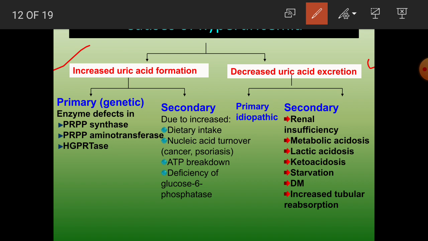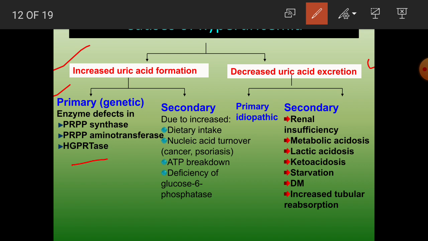Increased uric acid formation can be primary, from genetic causes like enzyme defects in PRPP synthase, the first step, and PRPP aminotransferase, HGPRTase. All these lead to increased uric acid formation.